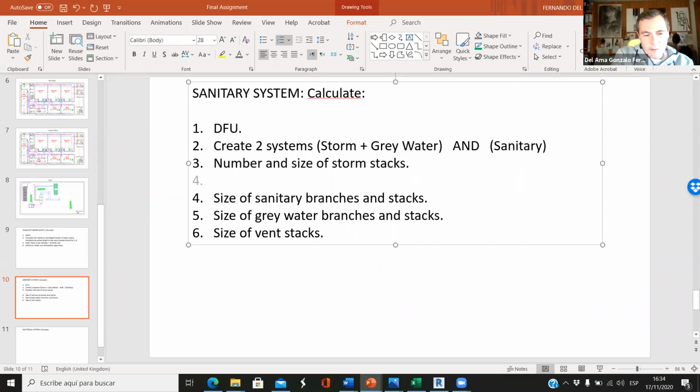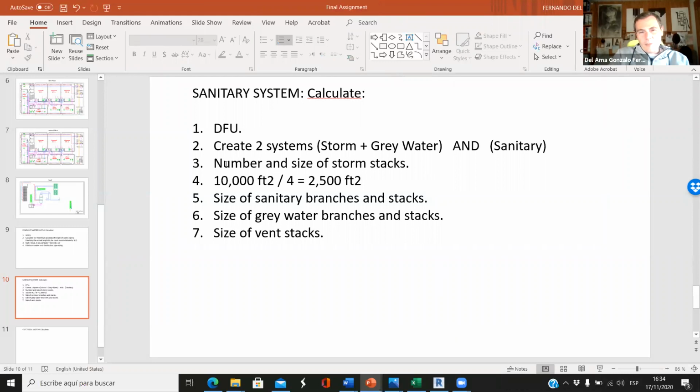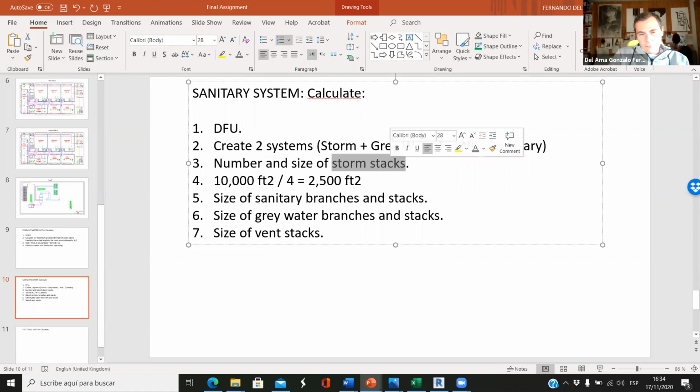Okay, so we can say that 10,000 square feet divided by 4 will be 2,500 square feet. That means that we have 4 storm stacks.